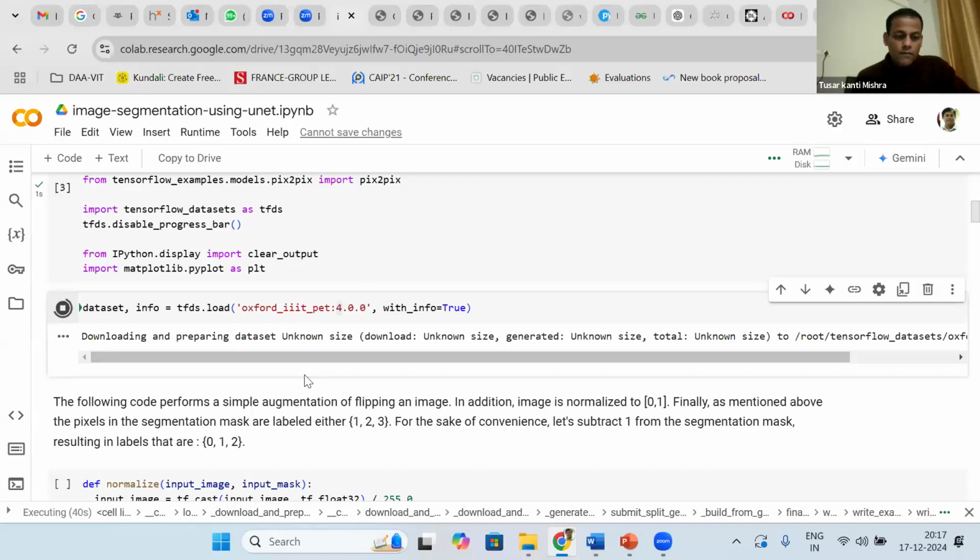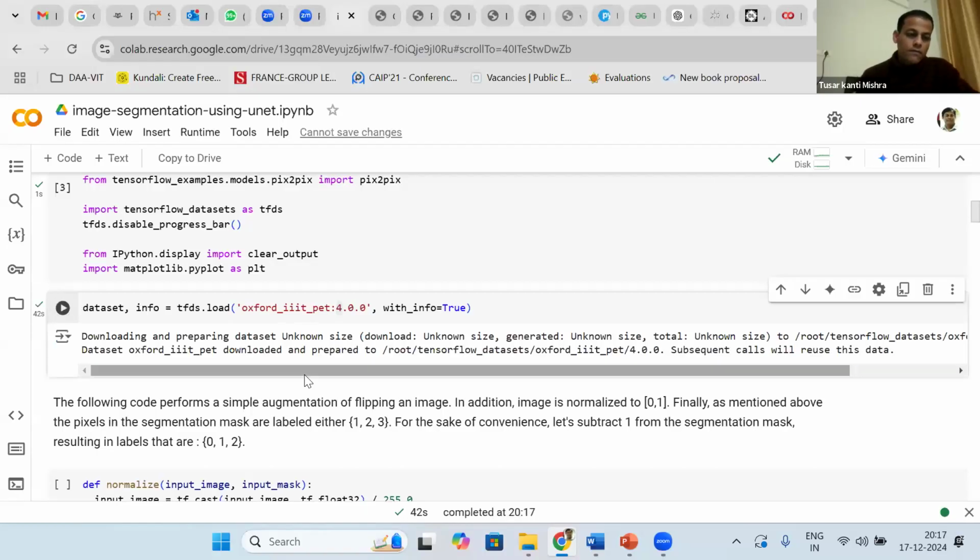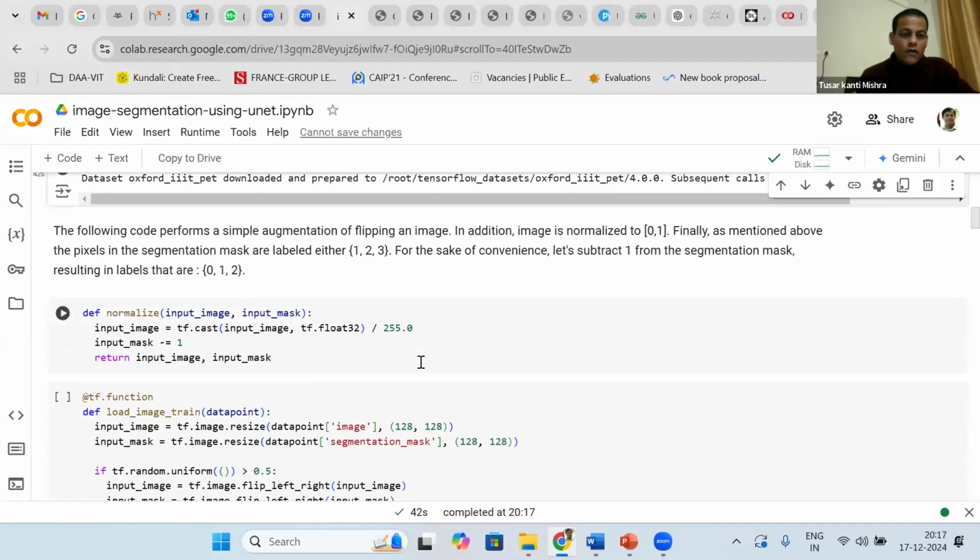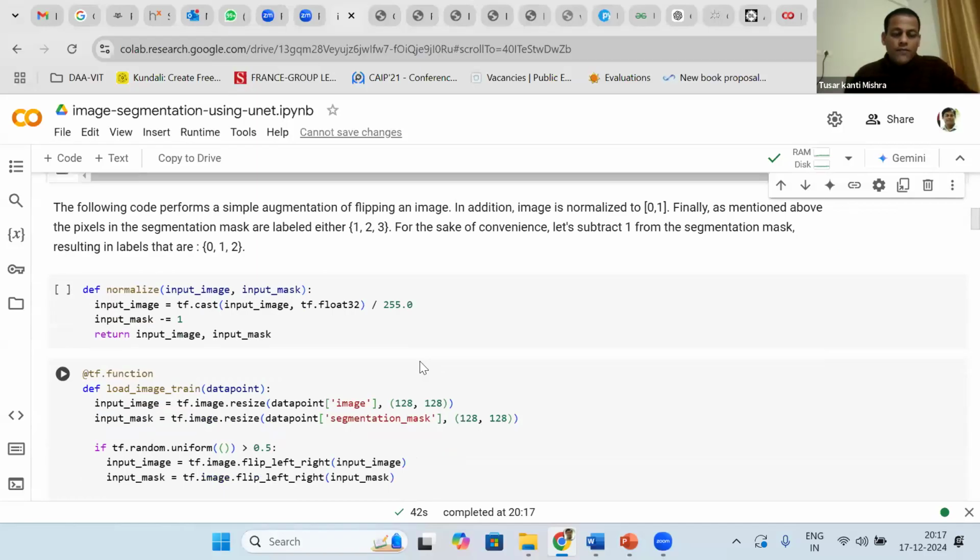Done. Dataset Oxford-IIIT Pet downloaded and prepared successfully. Now we have the dataset ready with us.